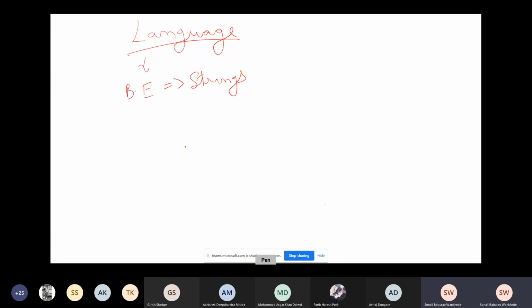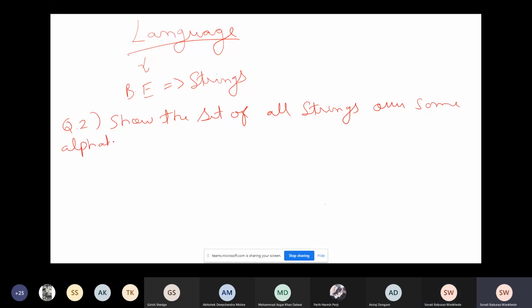I'll repeat the question: show the set of all strings over some alphabet sigma with the number of A's equal to the number of B's.